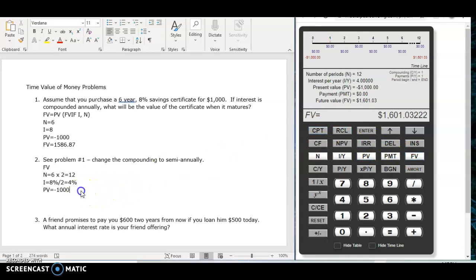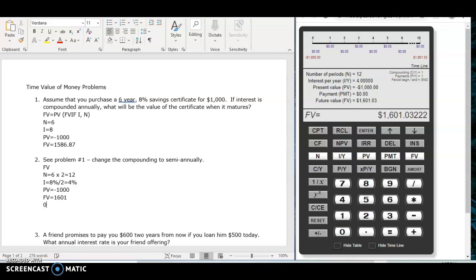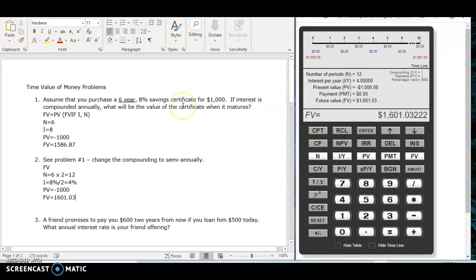And our answer for this one is 1601.03. So what this tells us is just by getting the semi-annual interest instead of annual, we're making that much more money. All right, let's look at the next problem.